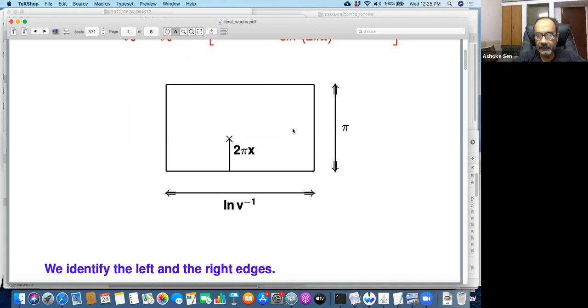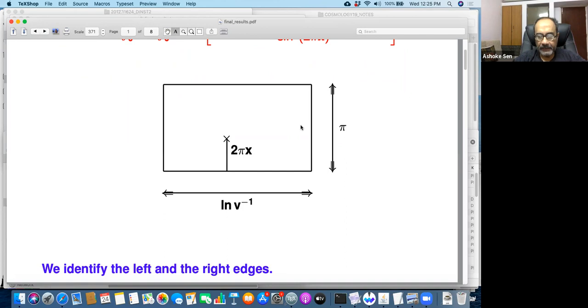I should have called it actually log V. It doesn't matter. So identify the left and the right edges. And 2 pi x is the distance of the vertex operator from one of the edges. Okay, that is the x goes to half minus x symmetry, so it doesn't matter from which edge. Okay, so that's 2 pi x.